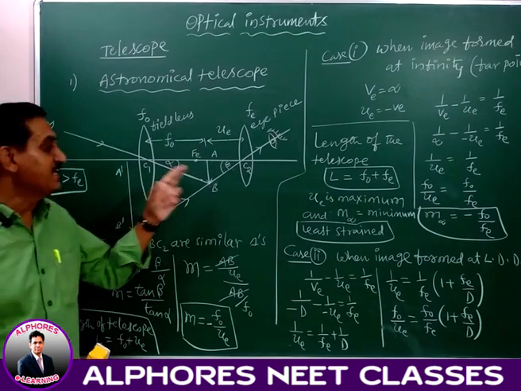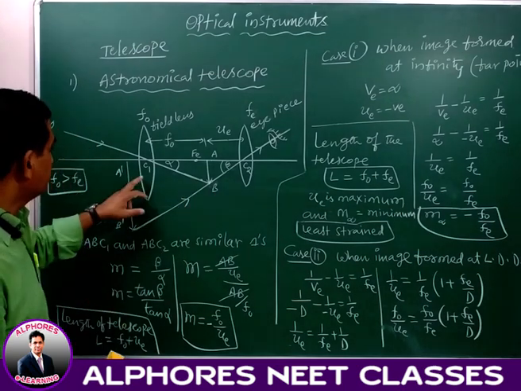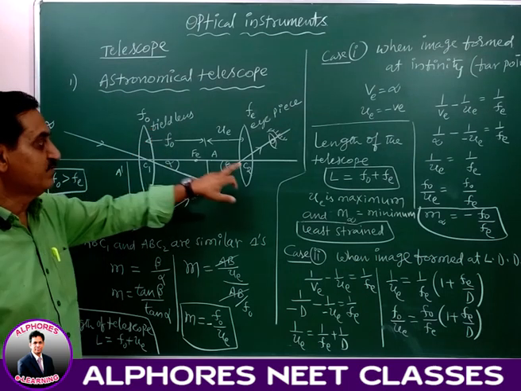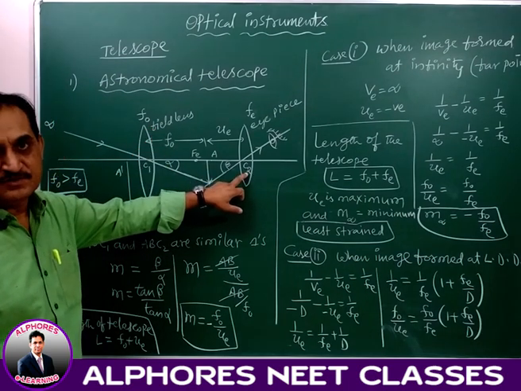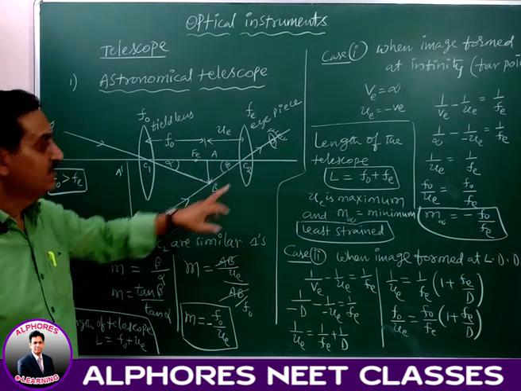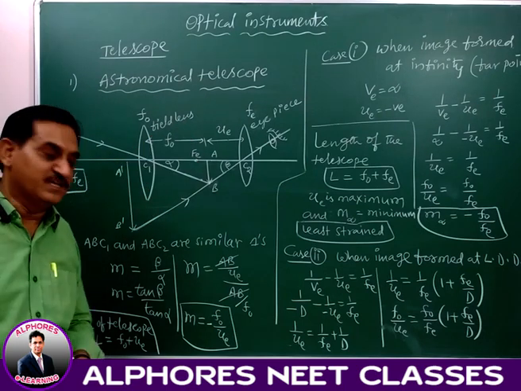Right? In any astronomical telescope, there are two lenses. This is the objective lens or field lens, and this one is the eyepiece, which is close to the eye. Therefore, it is called the eyepiece. The other lens is the objective lens, which is known as the field lens.